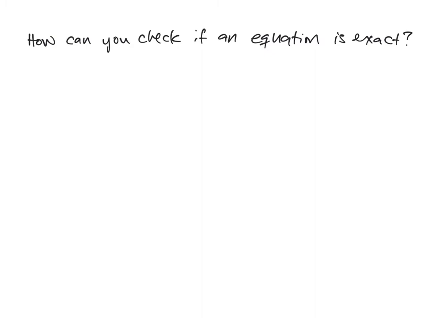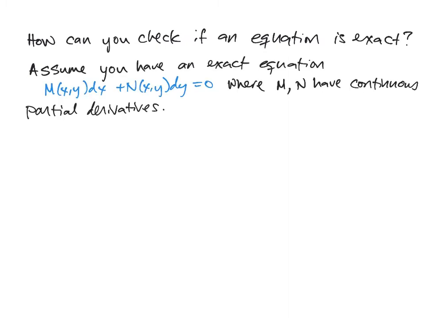So assume that you've got an exact equation, and these coefficients, these m and n functions, assume that they have continuous partial derivatives.